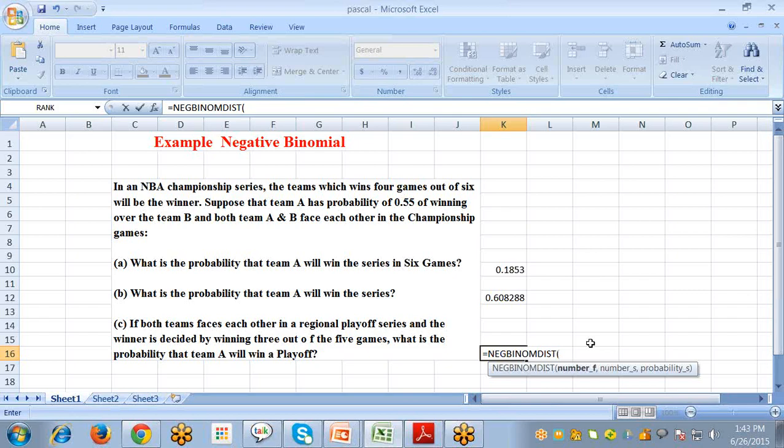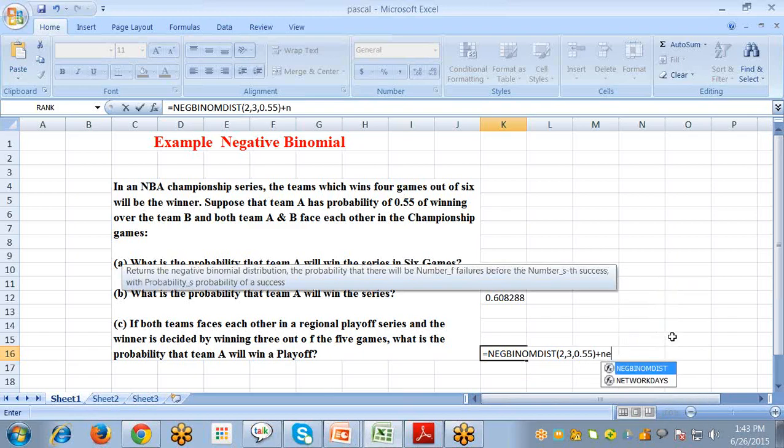So we have to calculate the probability of 2, then the probability of 1, and then the probability of 0. So 2, comma 3, because here it is given winning 3 out of 5 games, so the number of successes will be 3, comma 0.55.